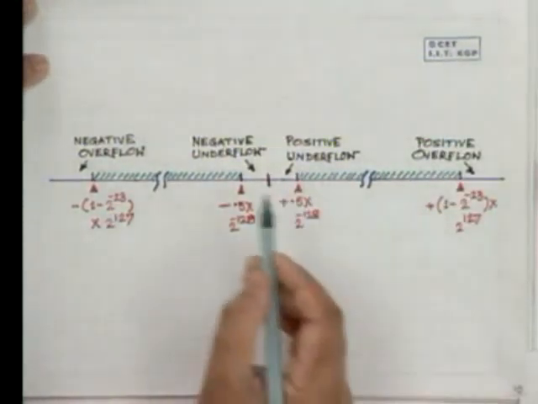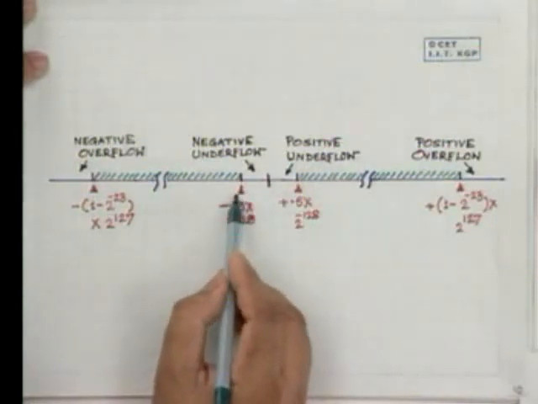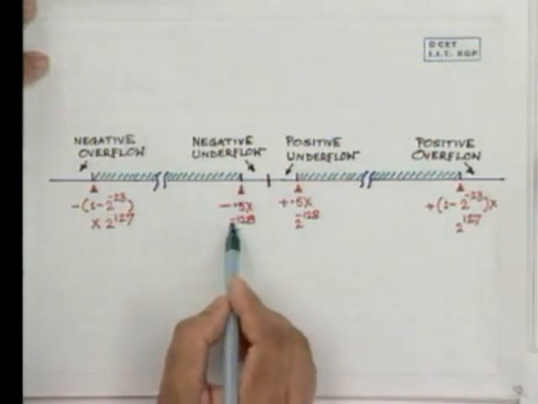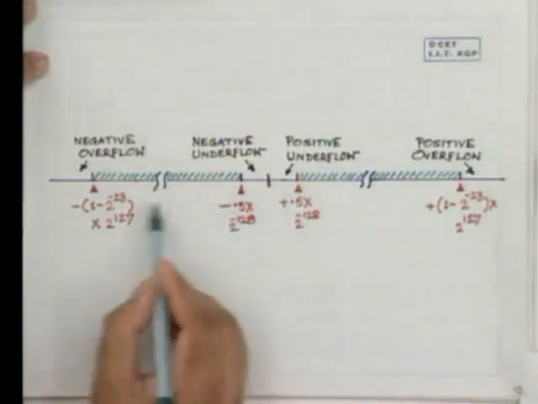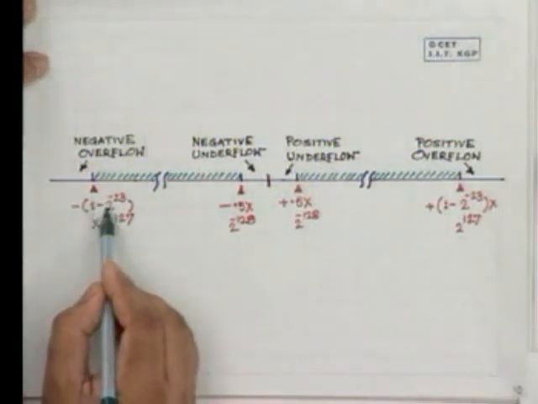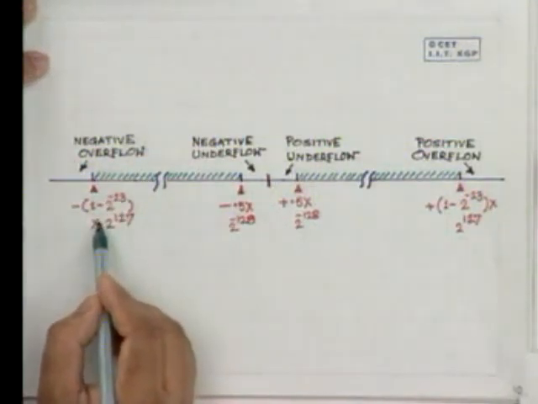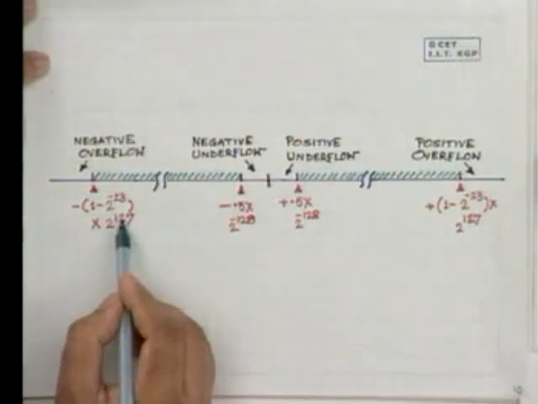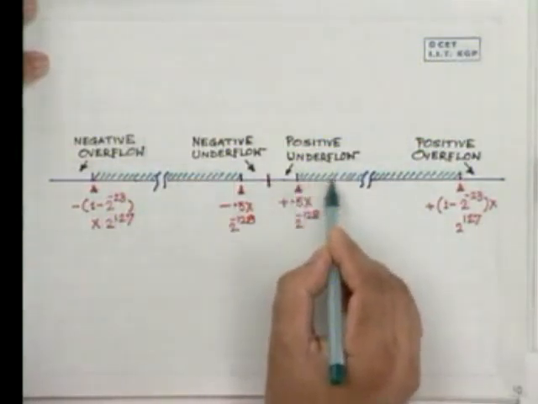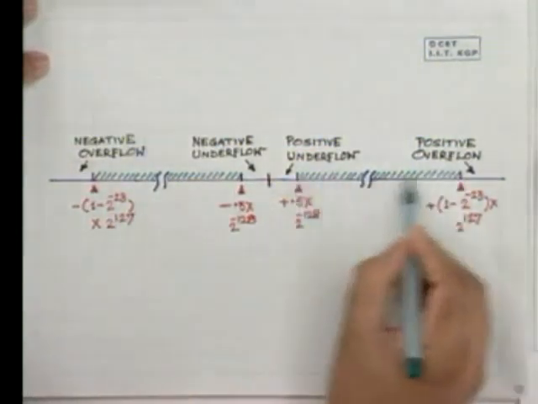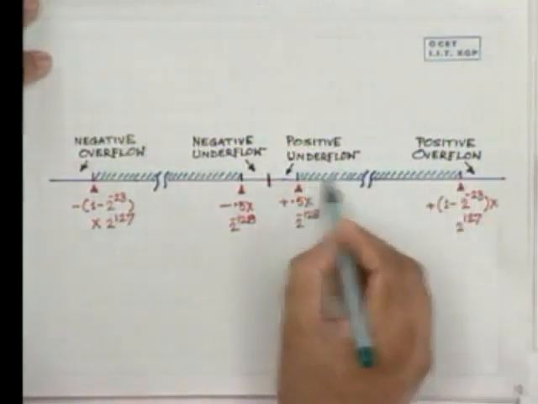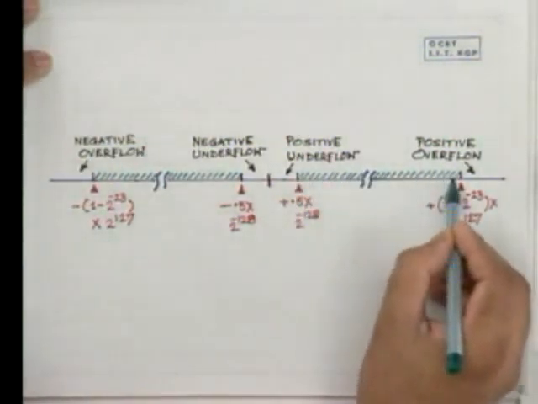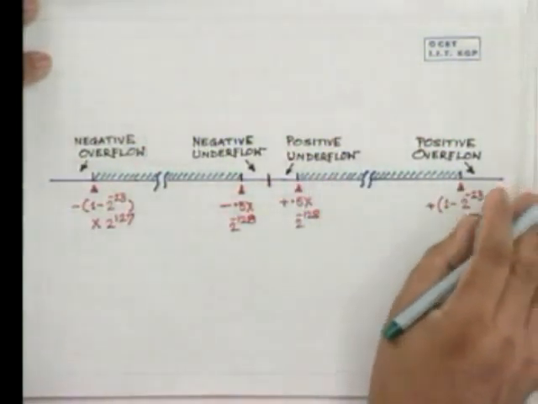Similarly, on the negative side, we can represent from minus 0.5 times 2 to the power minus 128 to minus 1 minus 2 to the power minus 23 times 2 to the power 127. Therefore, these are the real numbers, some of which we can represent by this number representation scheme.